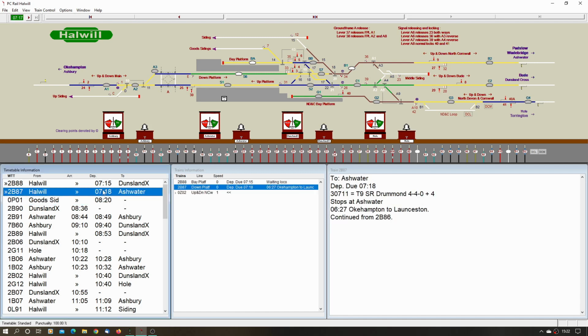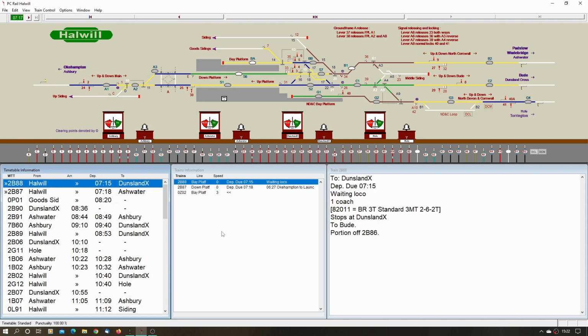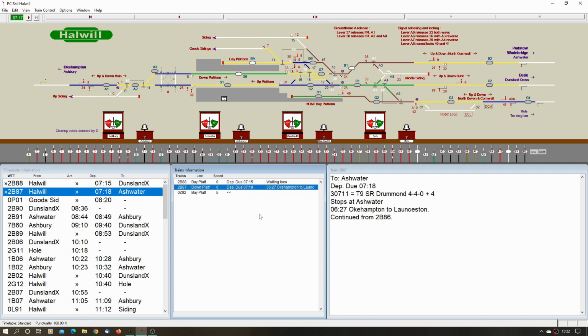Now we could let the 718 departure go first, of course, if you wanted to. So it's not as delayed, and then that one will be delayed a little bit more. While it's coupling up, probably take a minute.